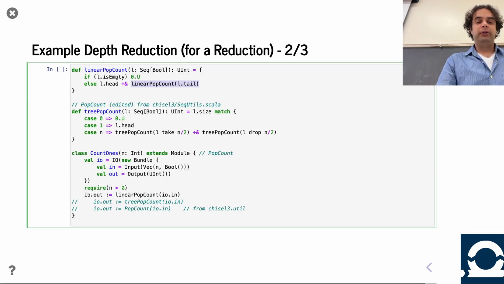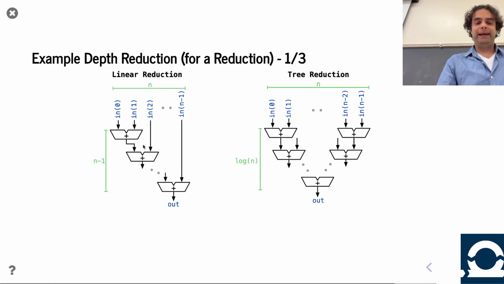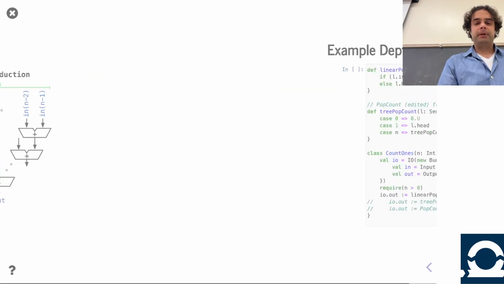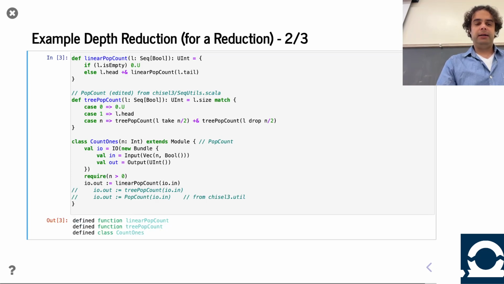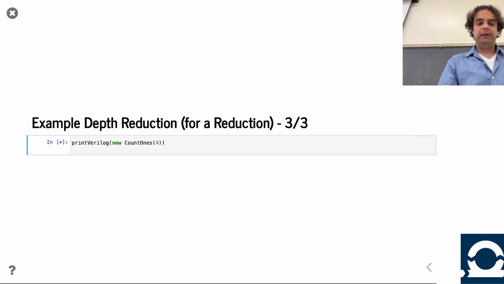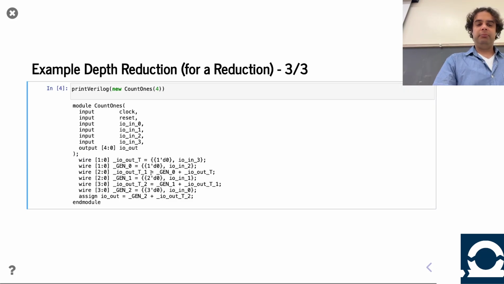So you can see how recursion goes through one by one and puts together n minus 1 adders. If I go back a slide, you basically do something like this. How does that work? Let's say I take this function, put it into my module, run it, and print the Verilog. You can see it. It's not pretty, but basically it is doing the adds at each level.